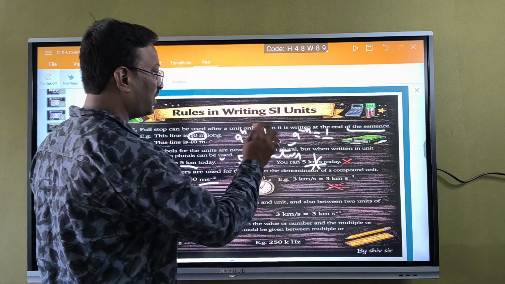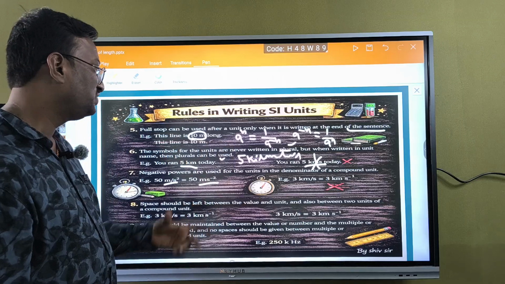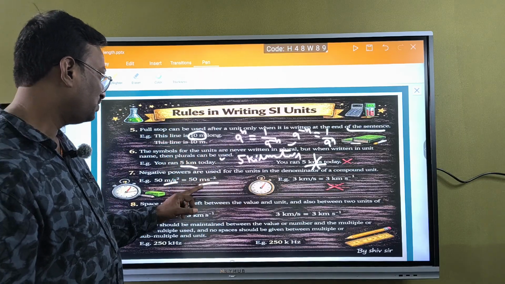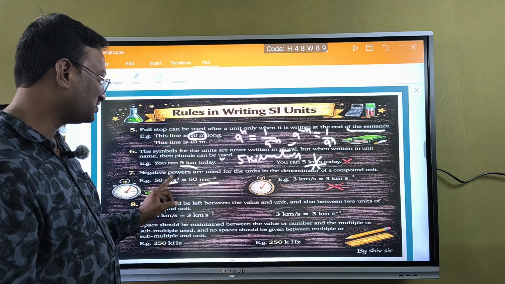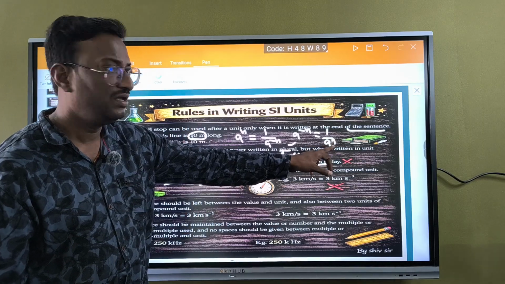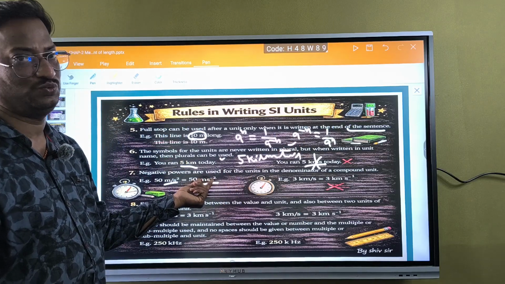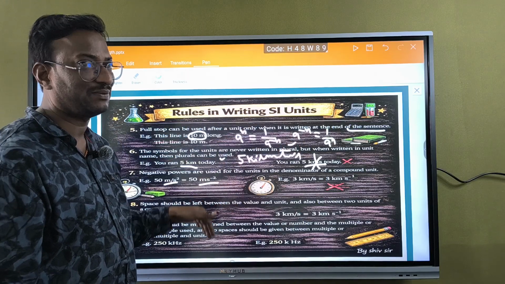With that formula we have written it like that. So in 50 meter per second square, second square is in the denominator. If you want to write it in the numerator, you have to put power minus 2. Likewise you get it. This is from mathematics, right?